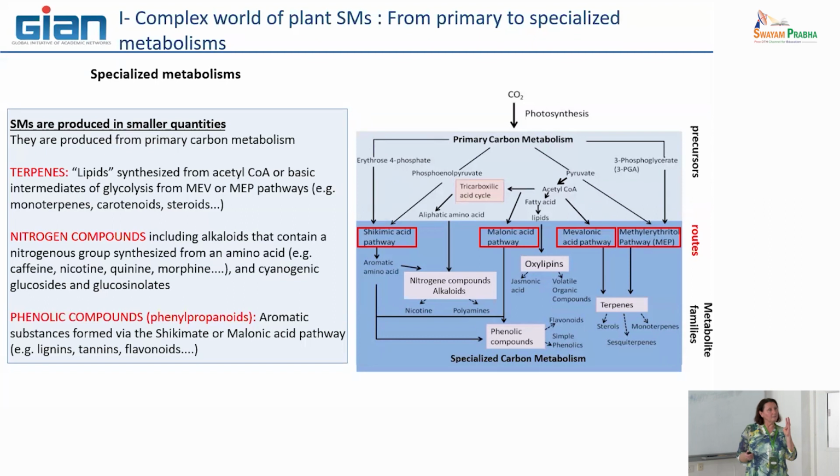But in plants in particular, compared to animals and fungi, there is this original pathway that can also be observed in microorganisms. So that gives plants the possibility to have 2 origins of terpenes, which can also have an influence on specialized metabolism in general.